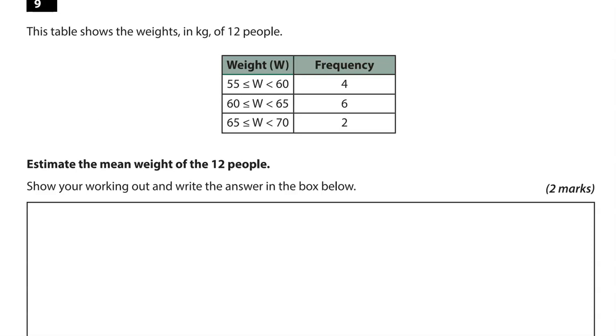But it makes it difficult to work out or to estimate a mean, unless you find a midpoint. Again, that's why it's an estimation. It's not a correct, accurate answer. It's just an estimate. So between 55 and 60, there will be 57.5.